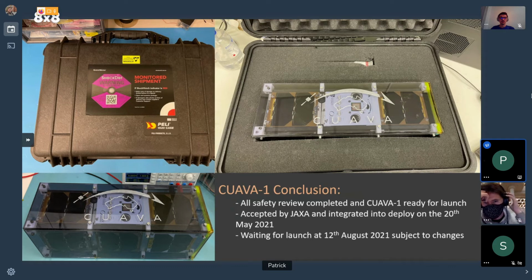But because we don't have any communication, we don't really have an idea what's the error. But we're still working on it, trying to recover it. There's a couple of ideas we still haven't tried.